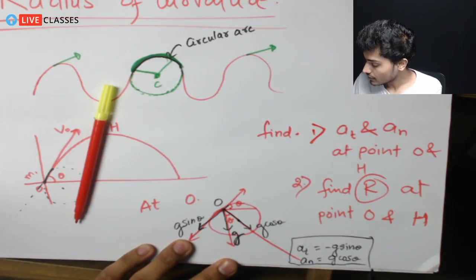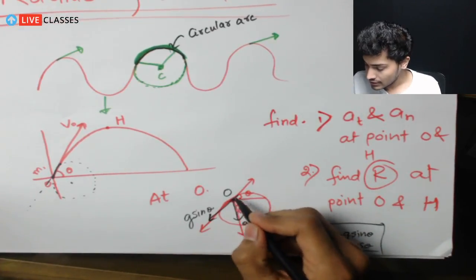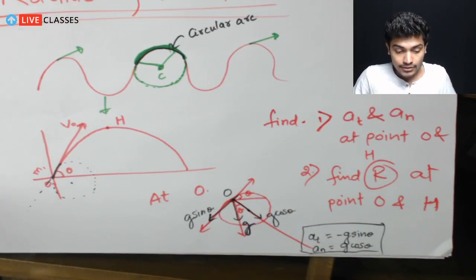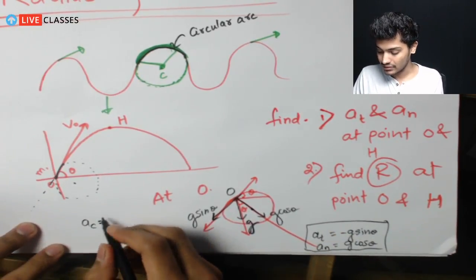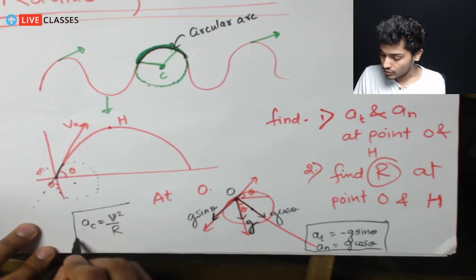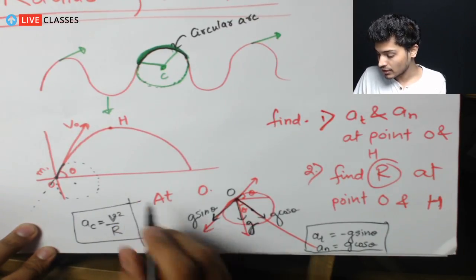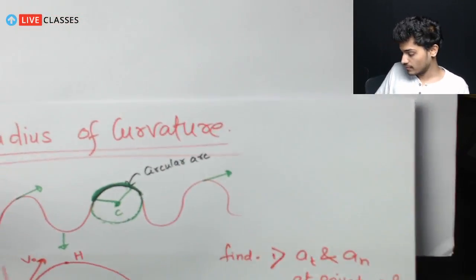Right? And now here we have to find the radius of curvature. Radius of curvature, we have seen this formula, AC equal to V square by R. So by using this formula we can find the radius of curvature.